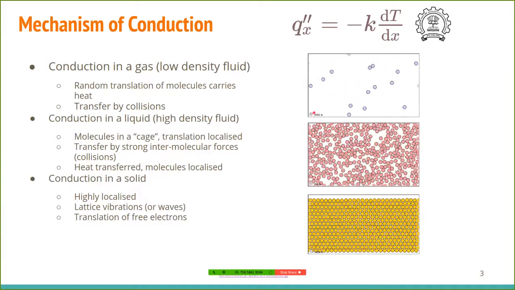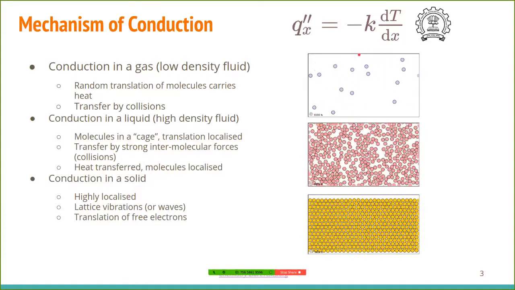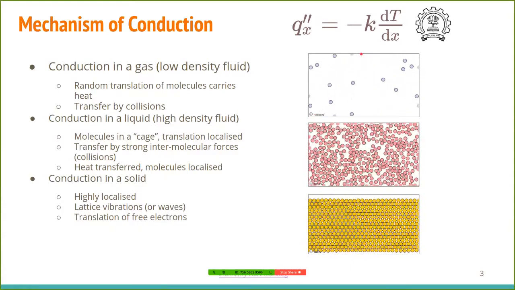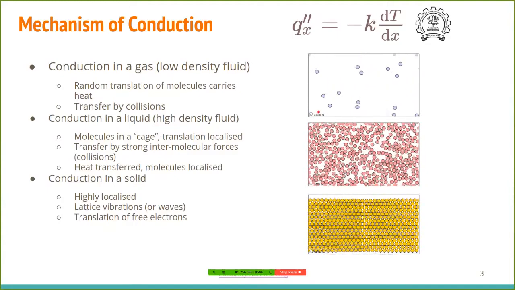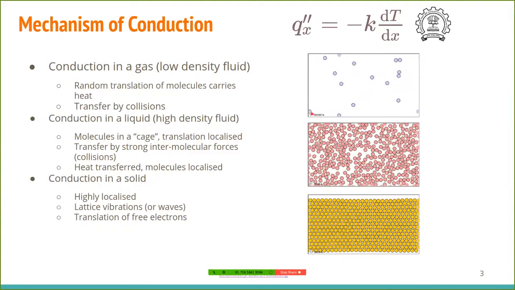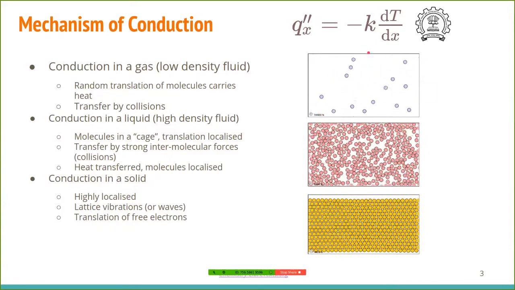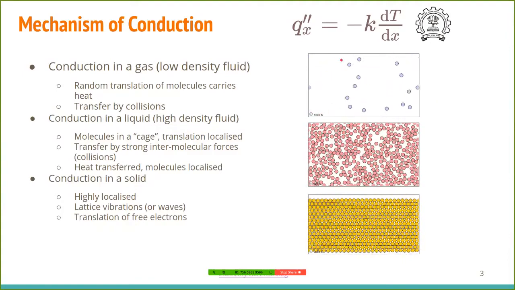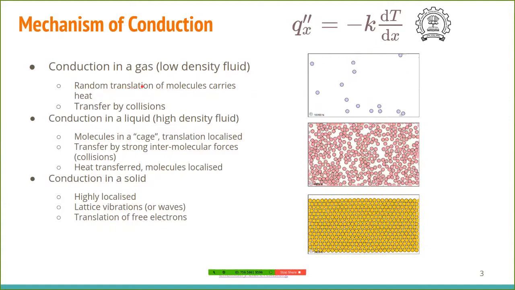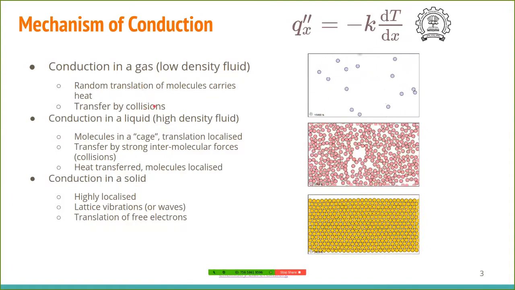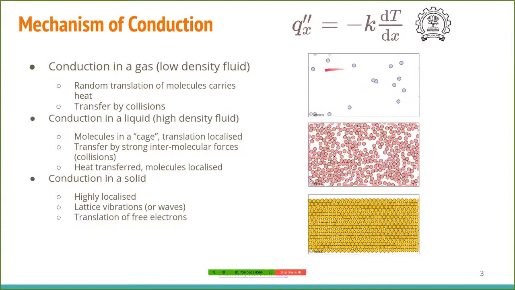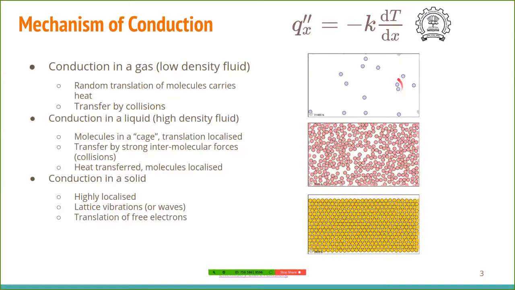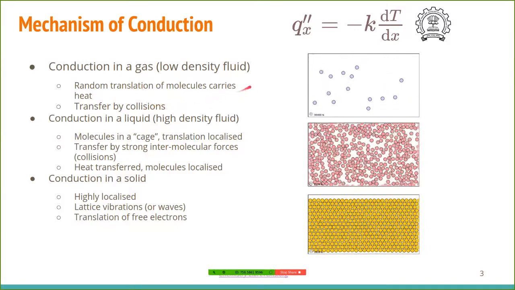When the molecule from there comes here, it brings higher kinetic energy to the lower kinetic energy region, and the molecule going from here carries lower kinetic energy there. So the kinetic energy is transported predominantly by translation of molecules and very little by collisions.